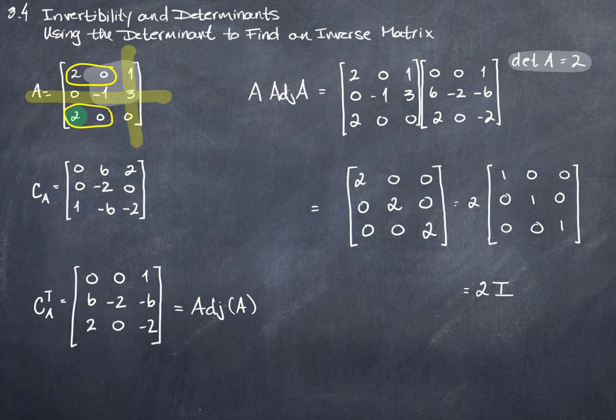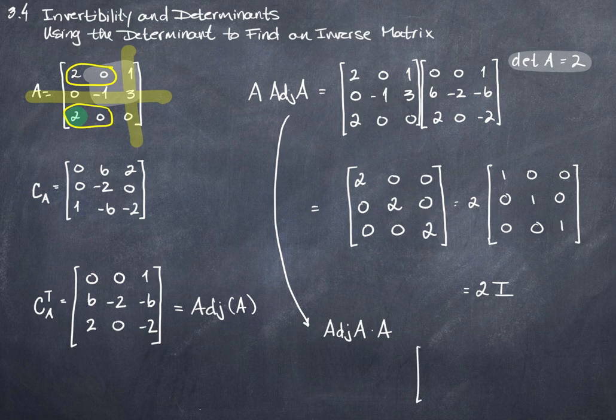I'm not going to do the work here, but I would encourage you to try this at home. It turns out that if you multiply the adjoint of A by A from the left, here I multiplied adjoint A by A from the right? Remember that multiplication of two matrices is not necessarily commutative. Here it turns out that it is. So I would encourage you to try this.